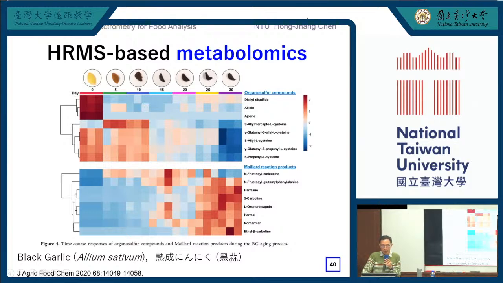After aging, the oil soluble sulfur compounds will disappear, or they will transfer into water soluble sulfur compounds. So the water soluble compounds will increase, but after 15 days, they will disappear. So if we want to maintain the bioactive compounds of black garlic, maybe the 10-day is good.